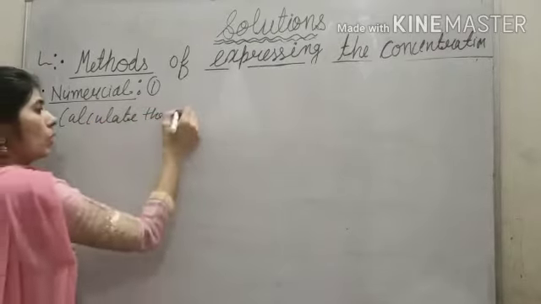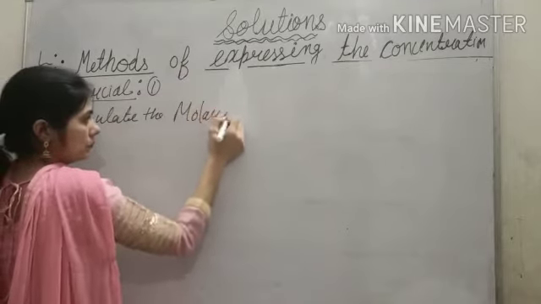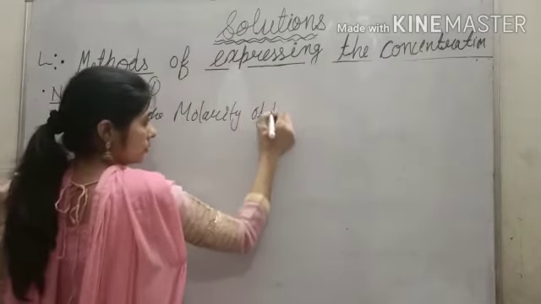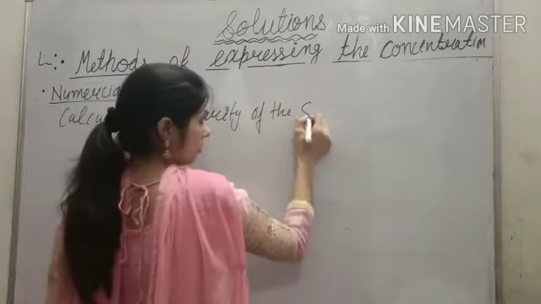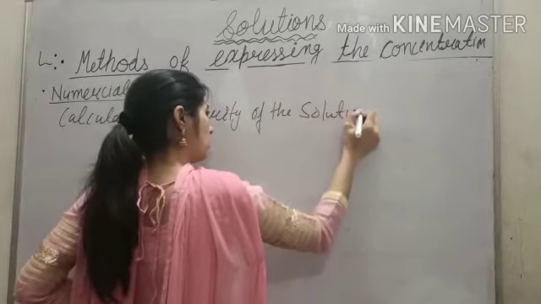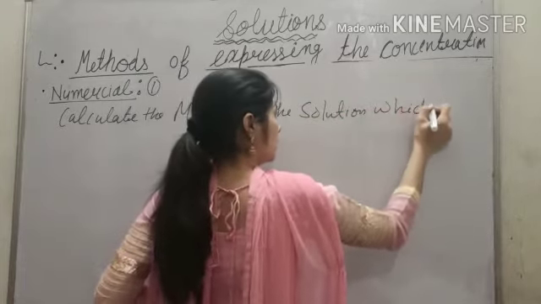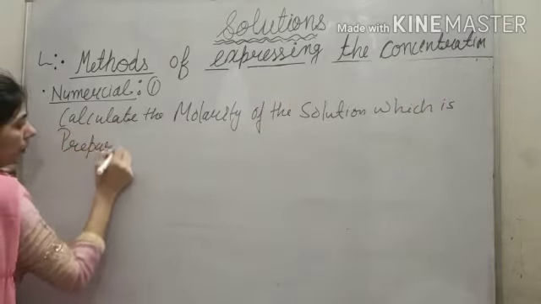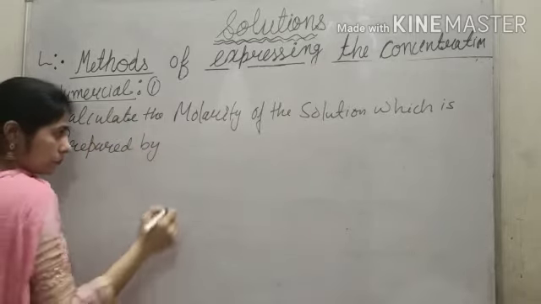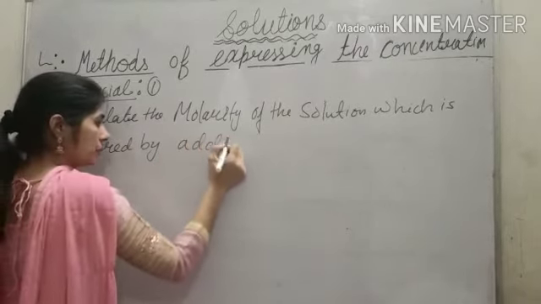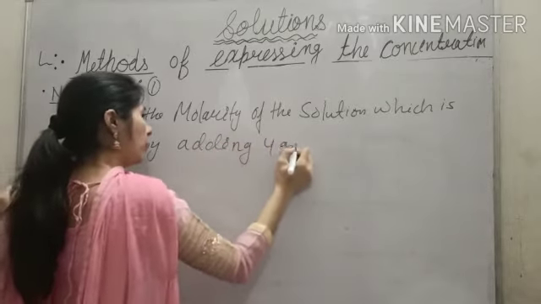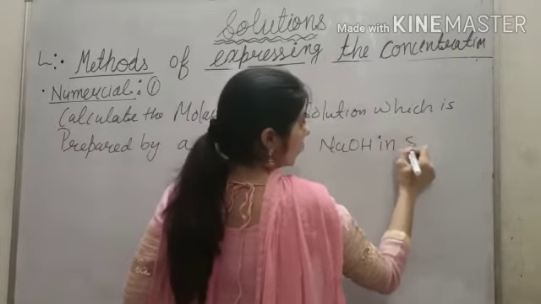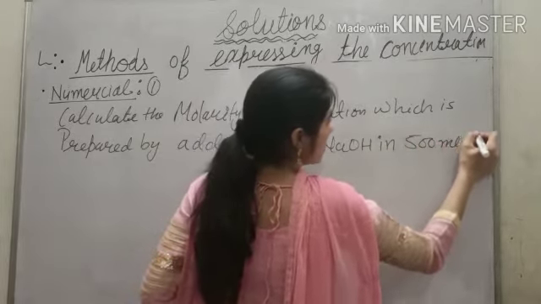Calculate the molarity of the solution which is prepared by adding 4 gram of NaOH in 500 ml of the solution.